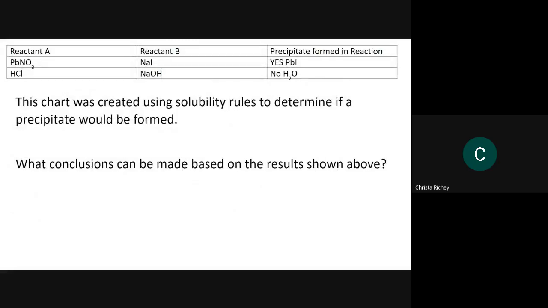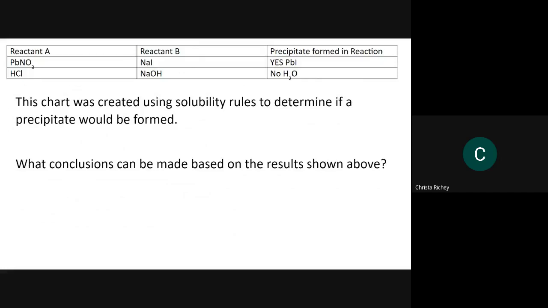All right, this chart. In order to figure out if something precipitates, there was this big chart that we could look at where it was either going to be soluble or insoluble. You don't have to worry about that big chart because apparently you just need to understand what a precipitate is. When you combine different compounds that are in a liquid state, sometimes it forms a solid precipitate.